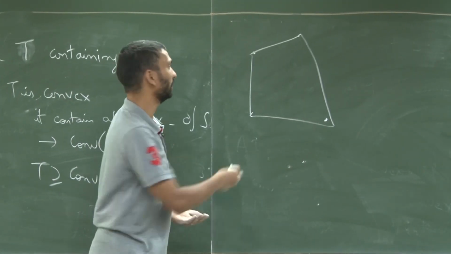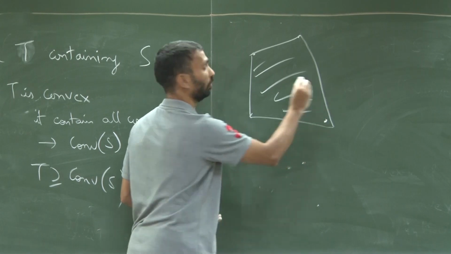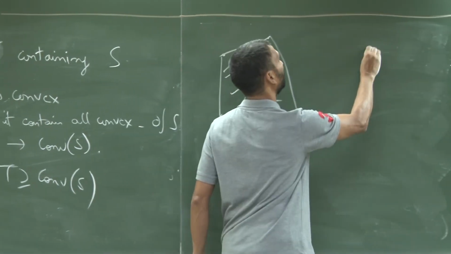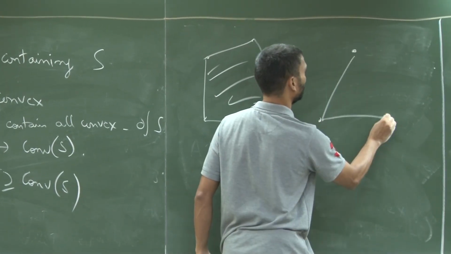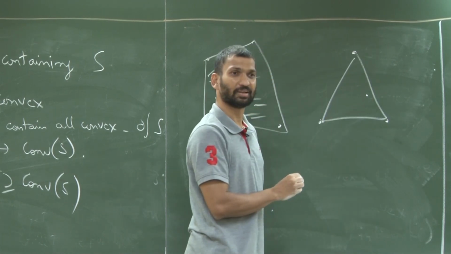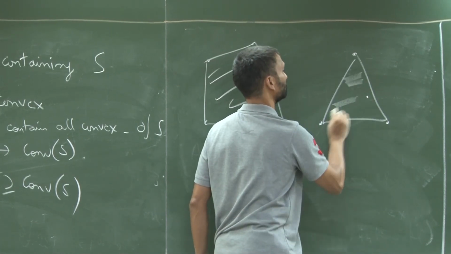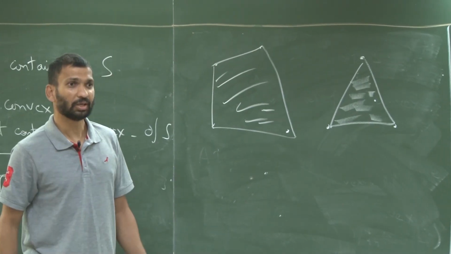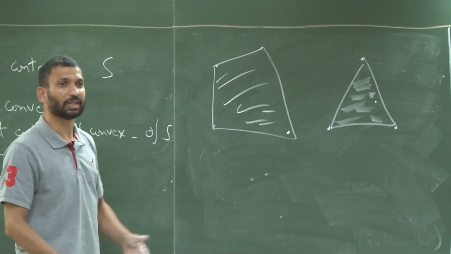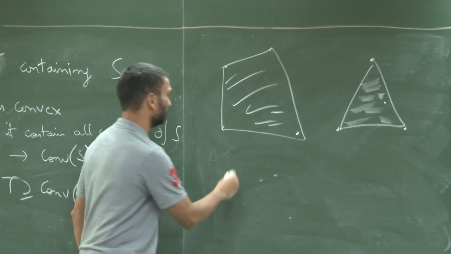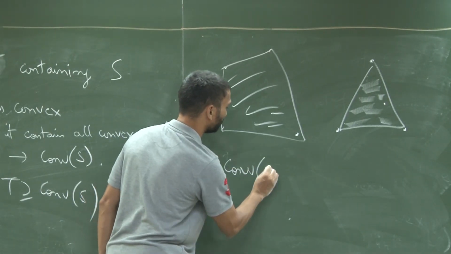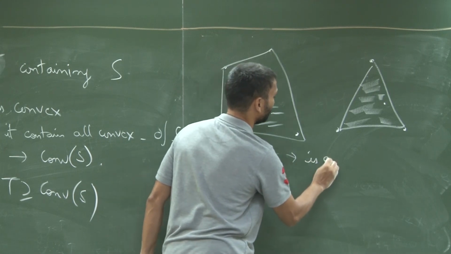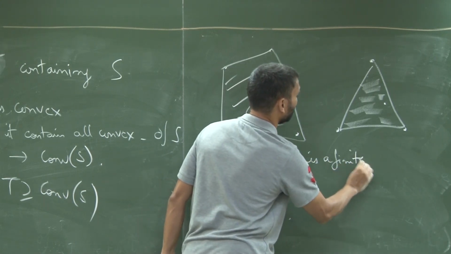This is the convex set. If I take a point inside, it still remains the same. And now, what do you think? Intuitively, can you describe to me what is the convex hull of S if this is a finite set?